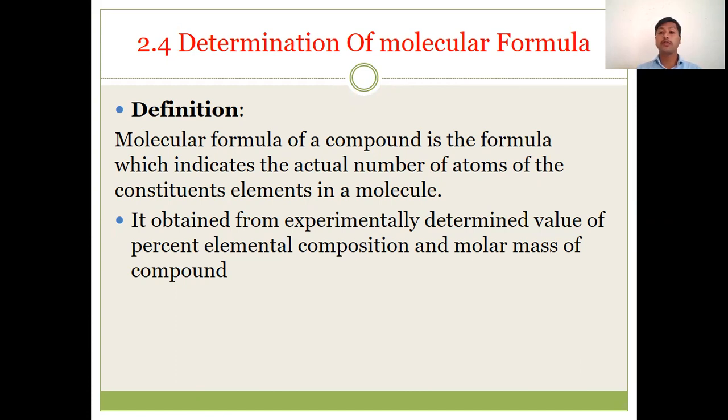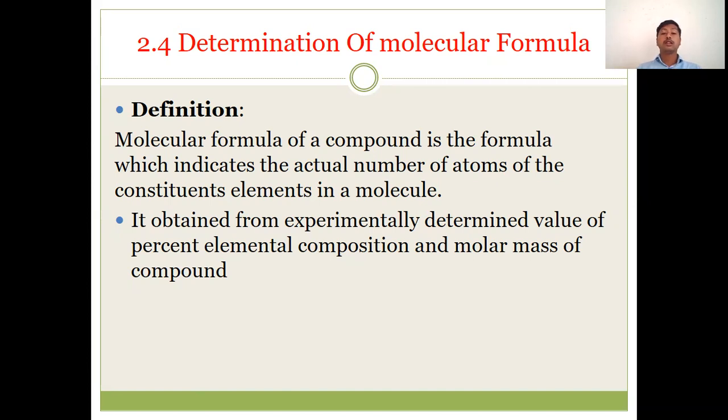Means the molecular formula is nothing but the number of atoms which is included in that particular molecule. The molecular formula is the combination of number of atoms of the constituent elements. Okay, for example, the elements are carbon, hydrogen, oxygen, nitrogen, etc.